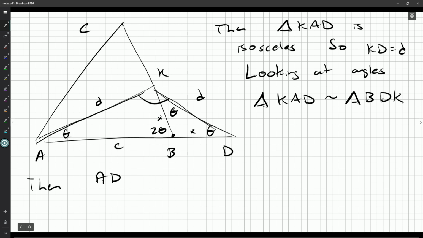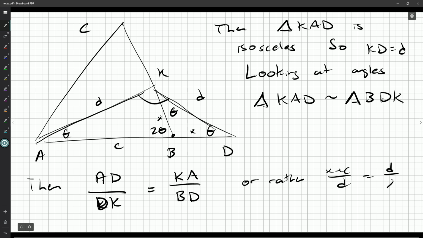That's the whole reason we extended this, is to DK, just to keep the order right. So that is to DK as, we need another D in here because we need a D squared, so we'll say is to KA over BD. Or x plus c over d is d over x. So x times x plus c is d squared.